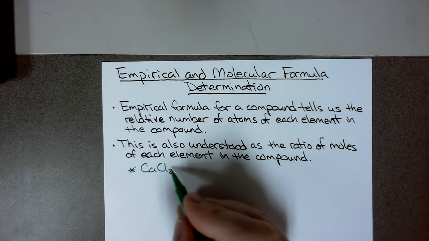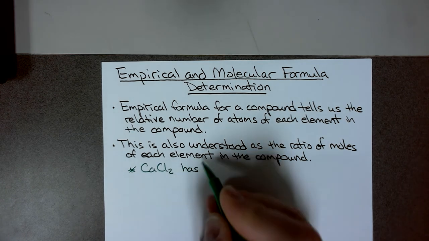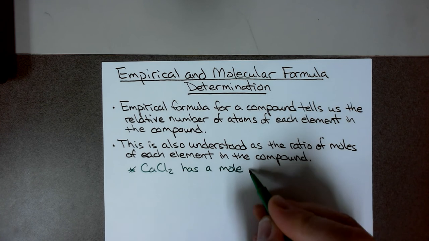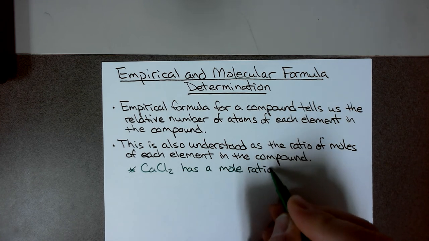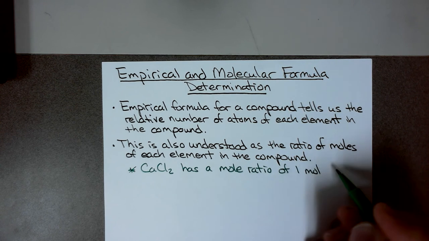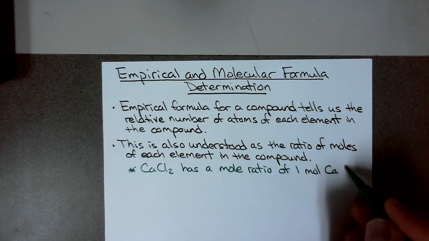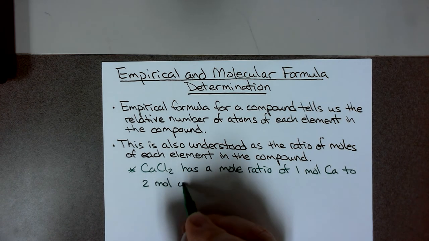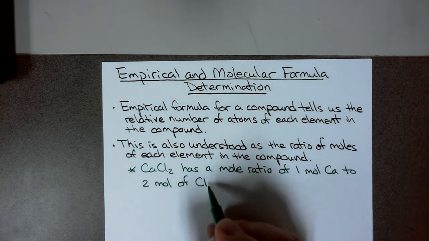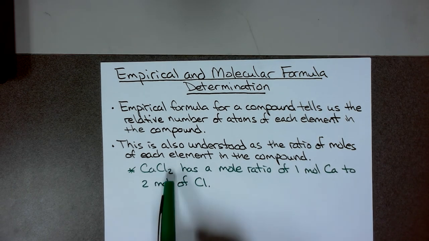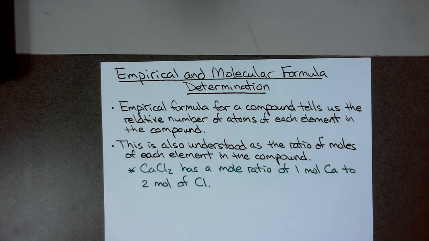We know that calcium chloride has a mole ratio of 1 mole of calcium to 2 moles of chlorine. So there's a mole-mole ratio of elements. So it's not just about each atom, but we can also think of it as mole ratios.